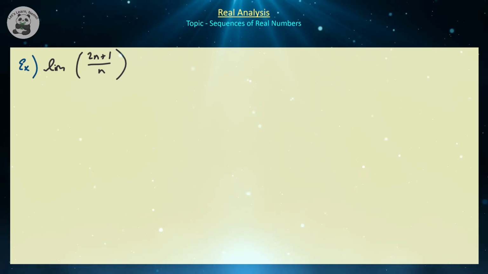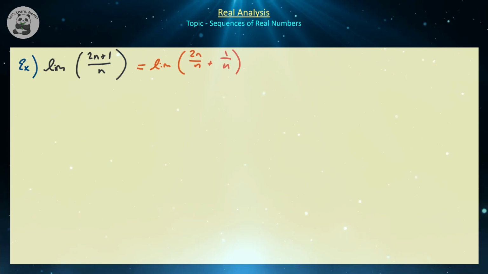Now that we have some algebraic properties for sequence limits, let's see if we can find the limit of (2n plus 1) over n using those properties. So in some sense, these properties allow us to avoid those epsilon proofs, which is actually pretty convenient, especially if you don't like proofs. Since this is a fraction, we can decompose this fraction over addition since they are all real numbers. So we can write this as 2n divided by n plus 1 divided by n. And what is this?